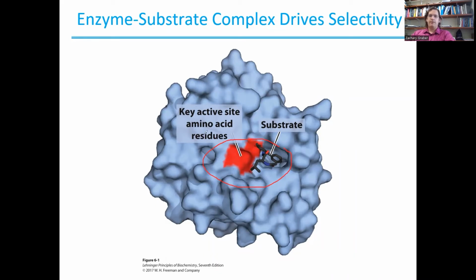And of course, we'll have key amino acids that will be forming interactions to that substrate in order to hold it within that binding pocket. Those key active amino acids are marked here in red. Those are going to be binding to our substrate, and then pushing it to make our reaction.